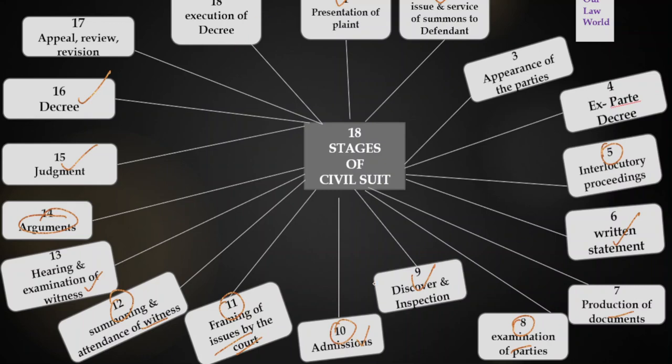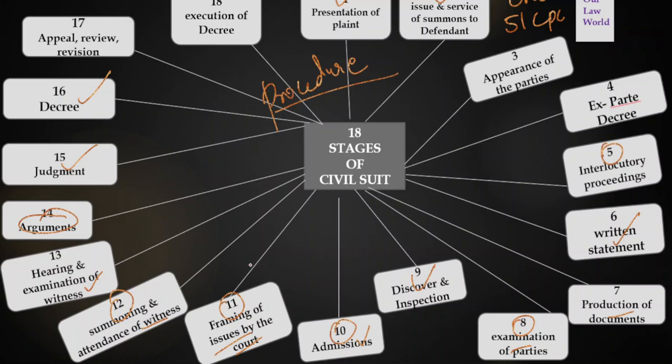So these are the stages, that means the procedure of how a civil suit is instituted and the stages in this civil suit. Most of these are covered in the orders, right? We have 51 orders in CPC and most of these come under a few of the orders.